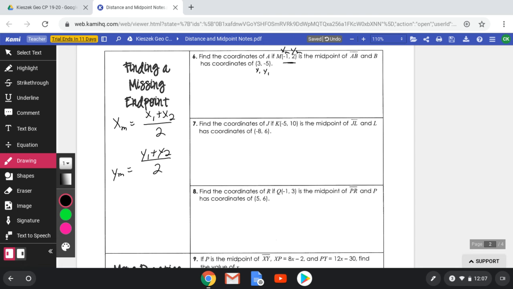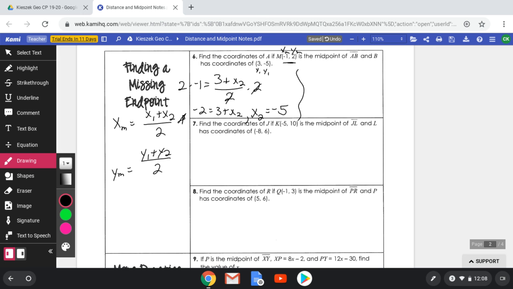To find my x endpoint, I follow the x equation and plug in the values I do know. The x of my midpoint, -1, equals my endpoint plus this, divided by 2. Now I can solve for my missing endpoint because I only have one variable. Multiply each side by 2. So I get -2 equals 3 plus x2, so x2 is going to be -5.